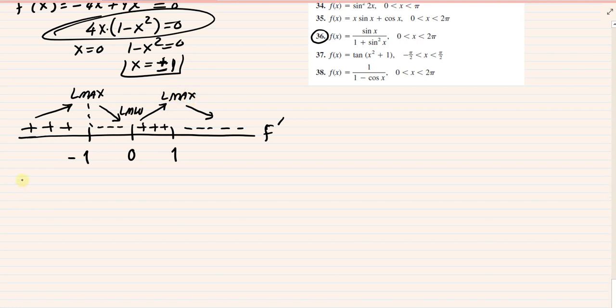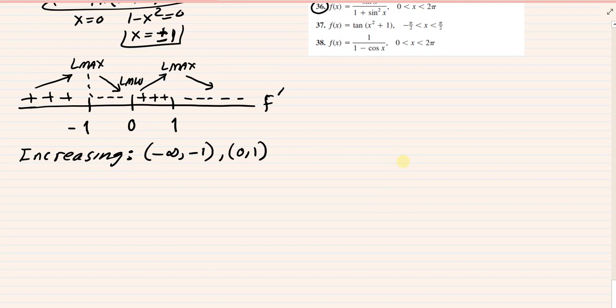Now, to answer the question, the function is increasing over the interval from negative infinity to -1, and also increasing from 0 to 1. The function is decreasing from -1 to 0 and from 1 to infinity.